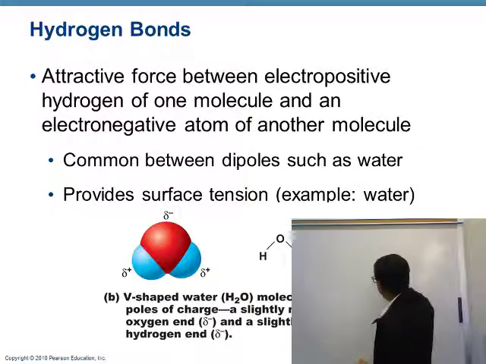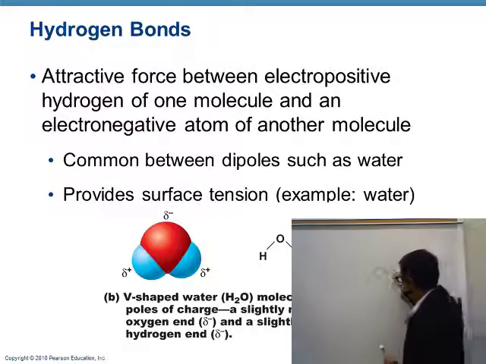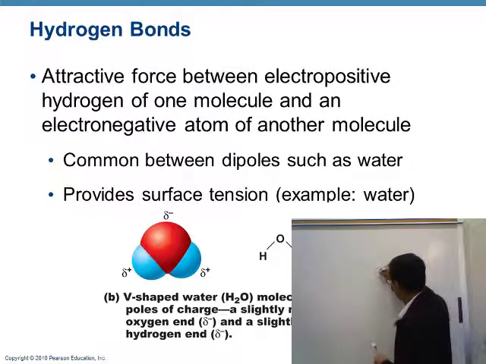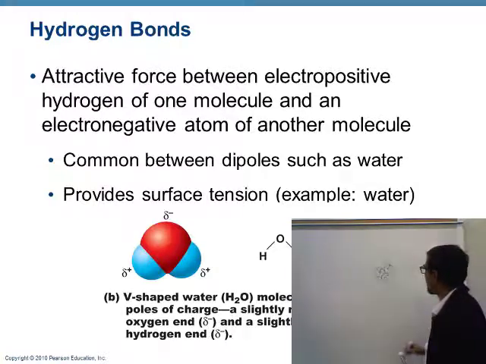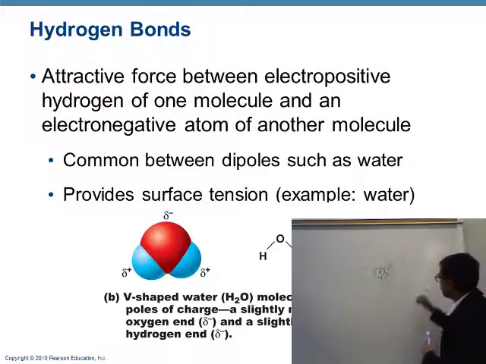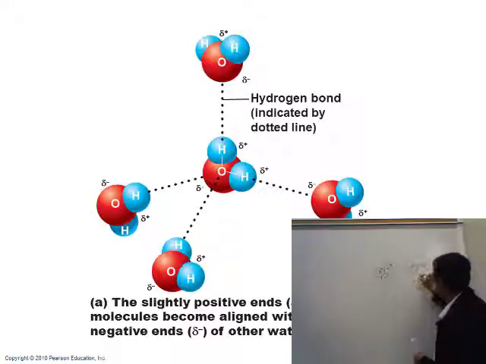So we know that water is H2O. So this is one water molecule. 2 hydrogen, these are weakly positive, and 1 oxygen, which is weakly negative. Okay, this is H2O, the water molecule. This is another water molecule. Okay, so again, this is another water molecule.